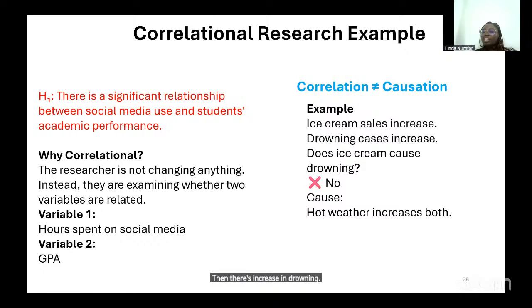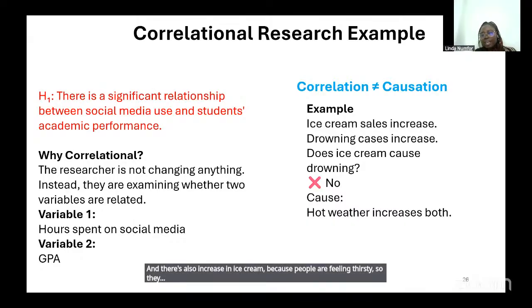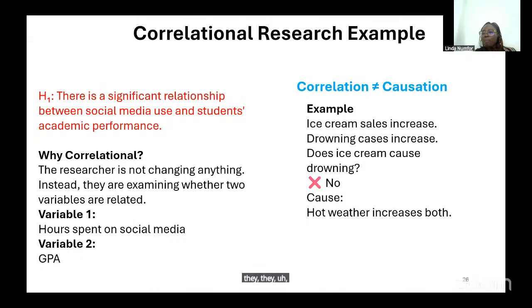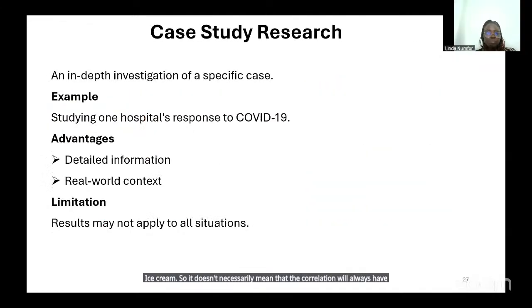It could be that there is hot weather, so the hot weather causes drowning, and there is also an increase in ice cream sales because people are feeling thirsty, so people tend to buy ice cream. So it doesn't necessarily mean that the correlation will always have a causation.